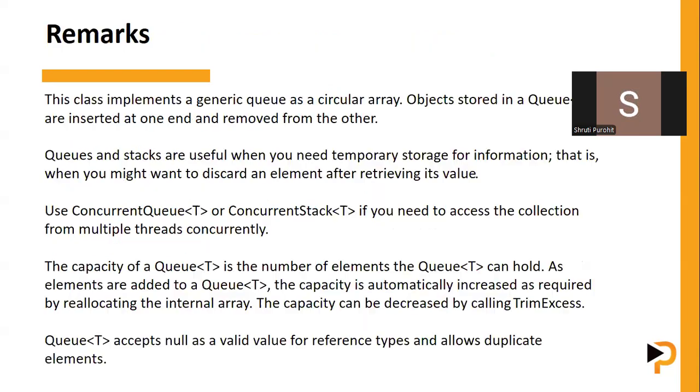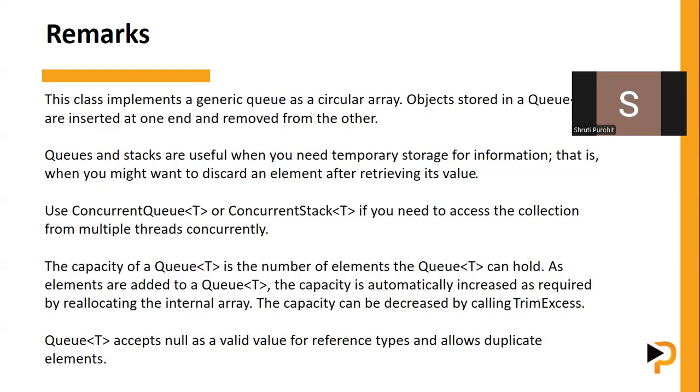Now, this class implements the generic queue as a circular array, and objects stored in a queue are inserted at one end and removed from the other end. The Queue and Stack are useful. We already covered this particular point. Use the concurrent queue; this we also covered.